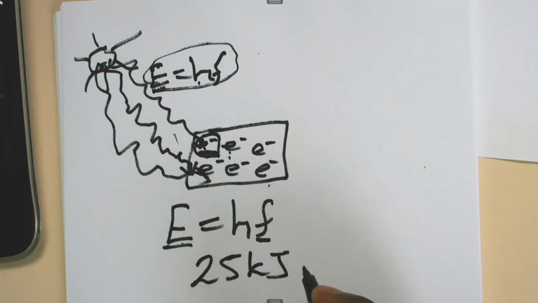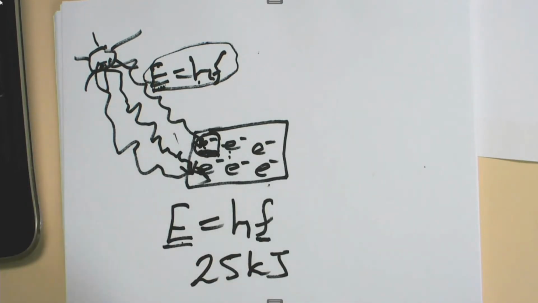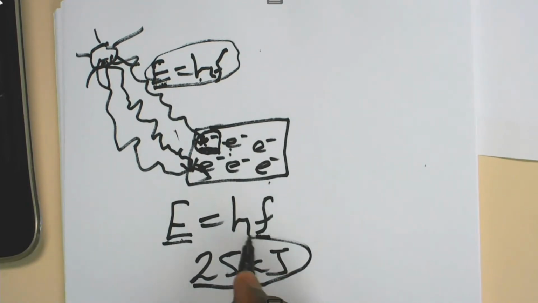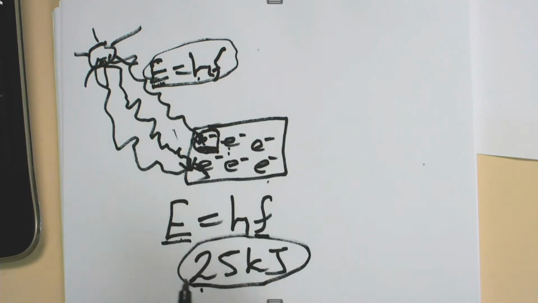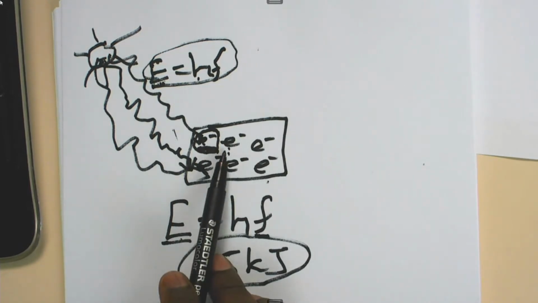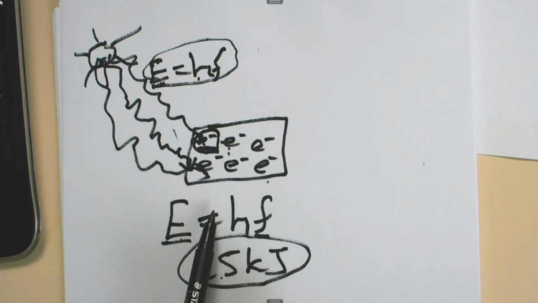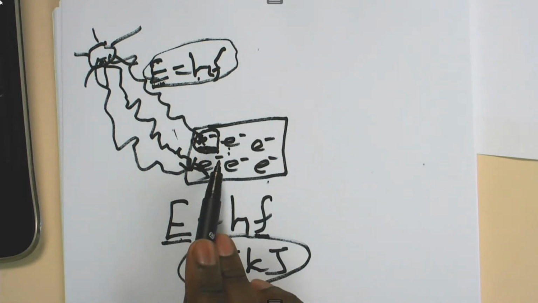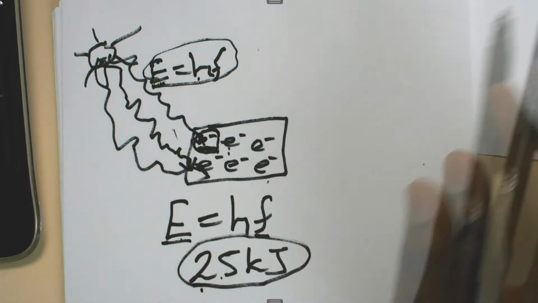I'm just making an example here. If the energy that has been transferred onto the electron is 25 kilojoules, what will the electron do? The electron will use some of this energy to do what? To be released from the surface of the metal. And with the energy that will be left, the electron will use that energy to move away from the metal.